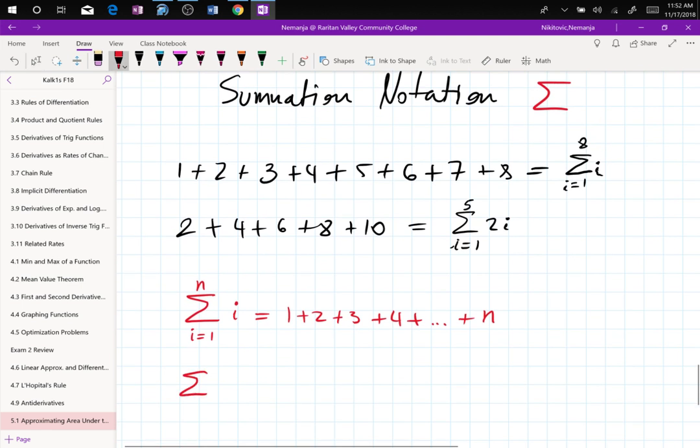But you can also have summation notation of f of i, where i starts at some value. It doesn't have to be 1, it could start at 0, could start at -3, doesn't matter, it can start anywhere. This would be f of 1 plus f of 2 plus f of 3 plus ... plus f of n.